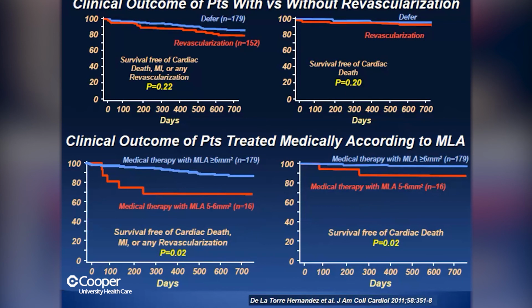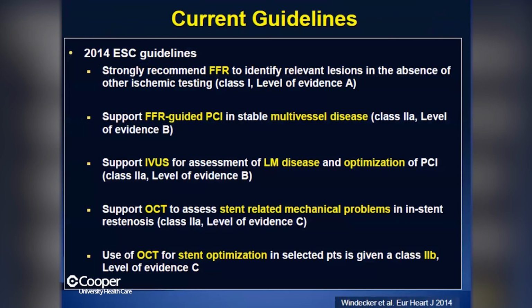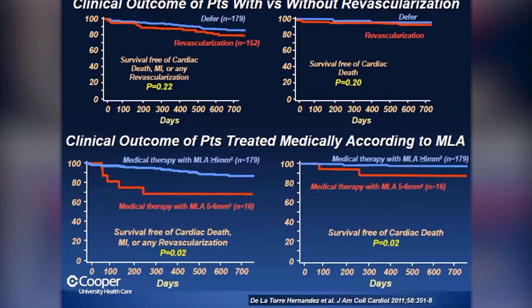What about those 16 patients? That's the lower left panel. Those 16 patients that have MLA less than 6 millimeter and did not go for surgery, compared with the patients that have MLA less than 6 millimeter and had surgery, there was a significant difference in this group in terms of the outcome.